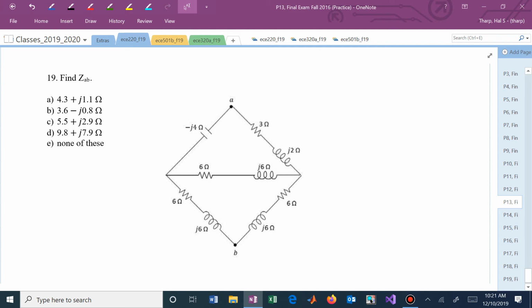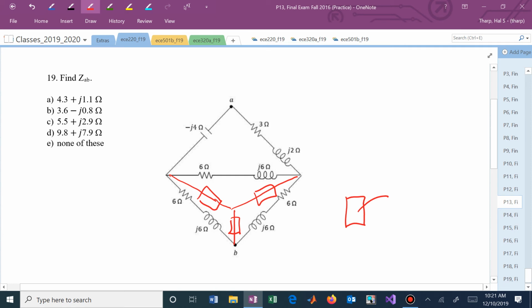So you can replace that bottom delta with a Y, where each of these boxes is 2 plus j2.